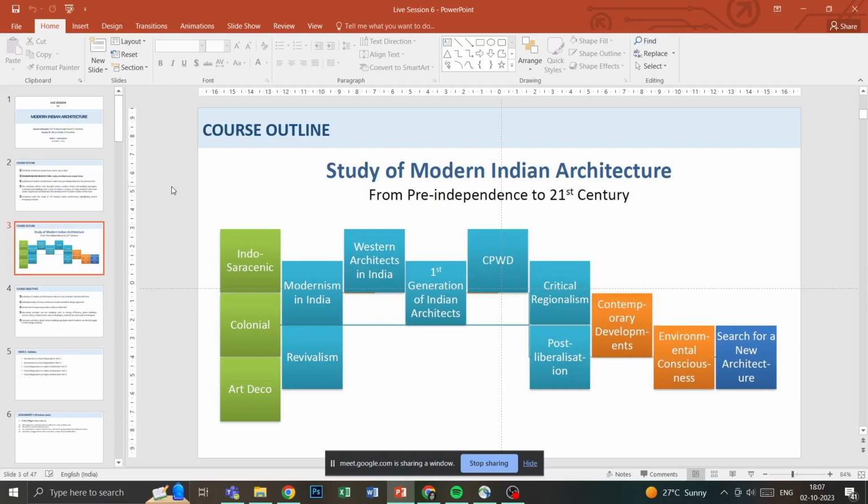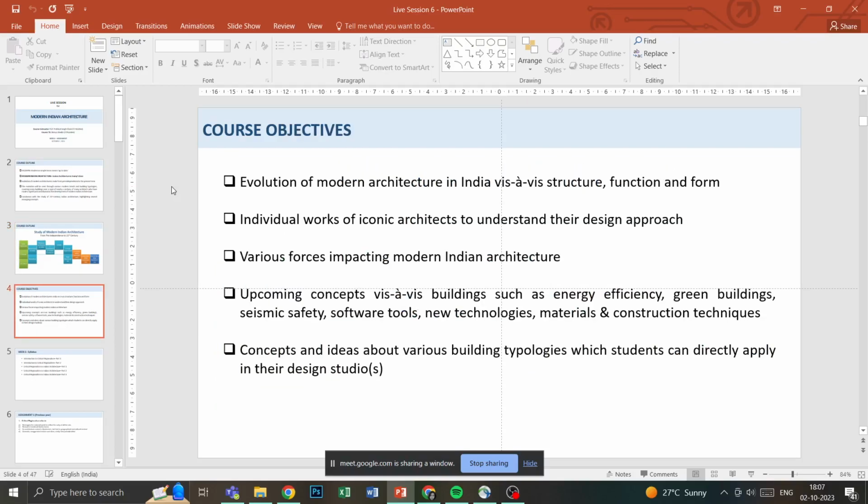In week 6, the course covered critical regionalism, so we will solve the questions for week 6, which included critical regionalism.